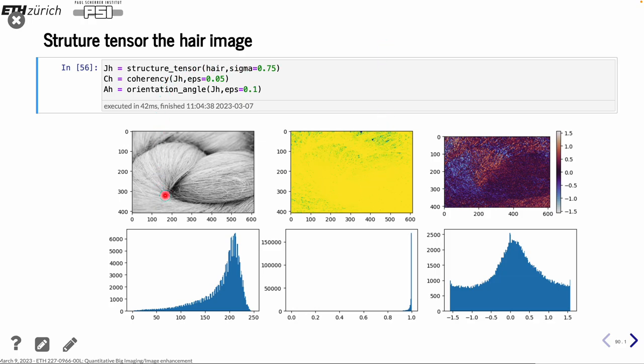And looking at the local orientations, you can see that you have slightly negative angles here and slightly positive angles in this region, which actually makes sense because you see here it's tilting towards the left and here it's tilting towards the right. So we can actually locally see what the directions are.